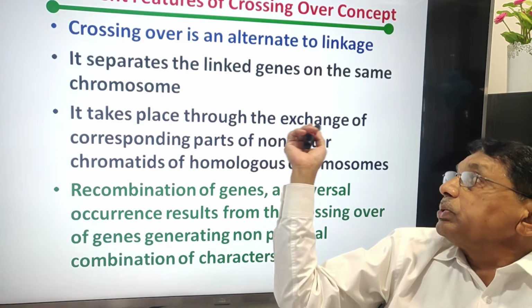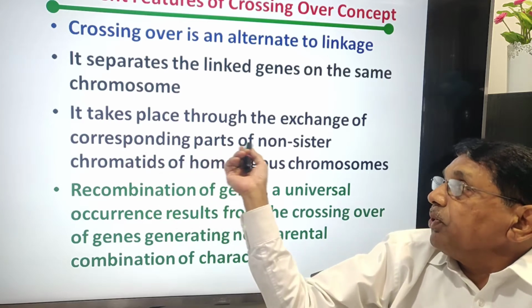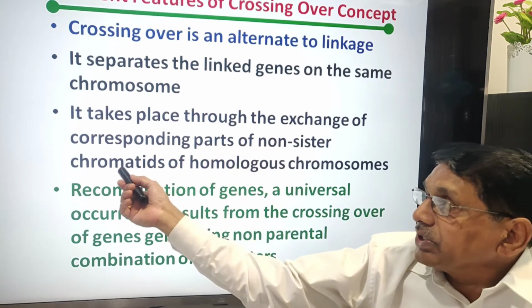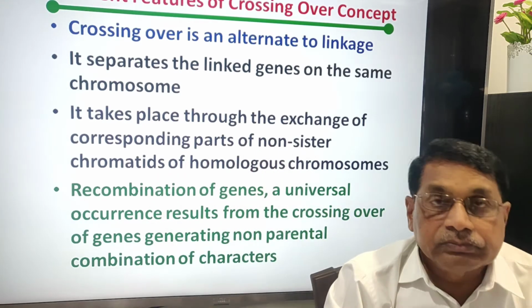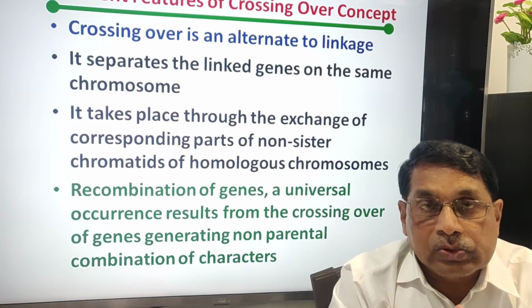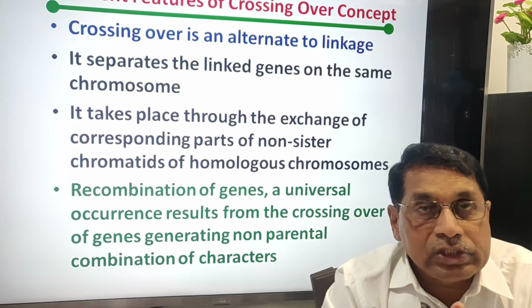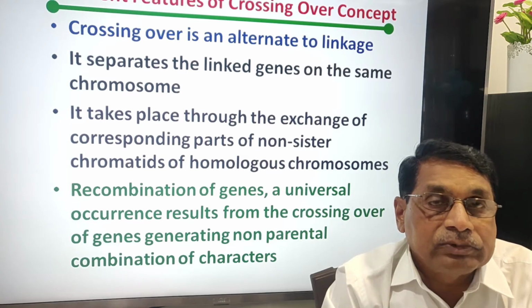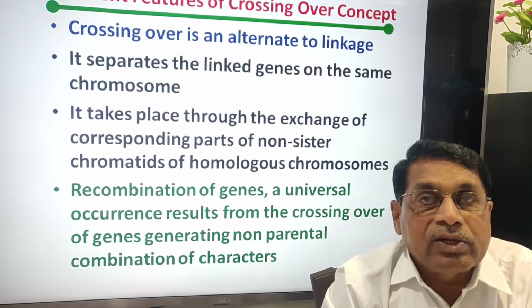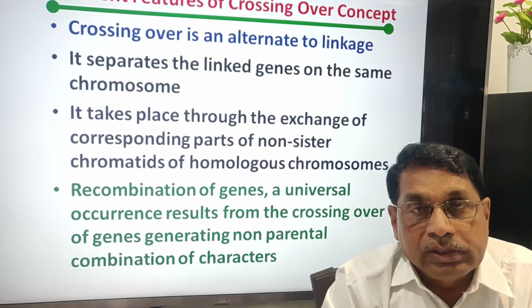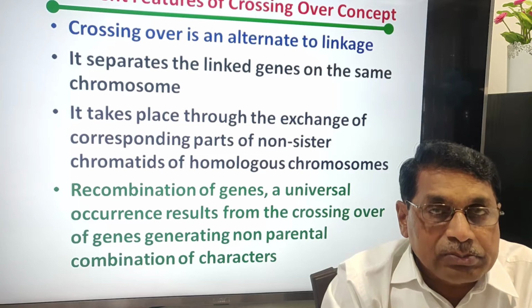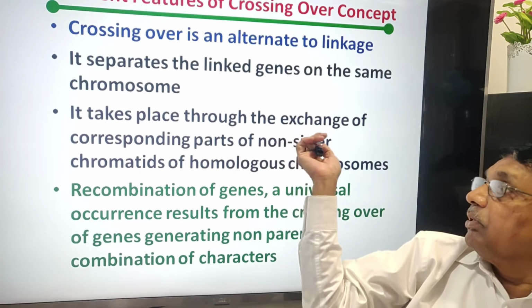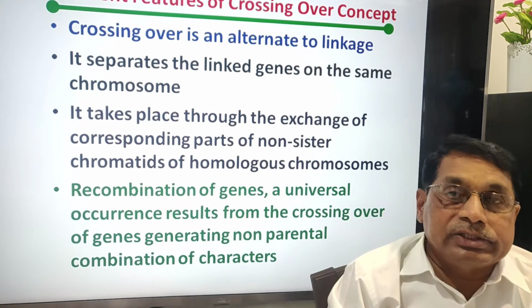It takes place through the exchange of corresponding parts of non-sister chromatids. This point you have to remember. Homologous chromosomes, two chromatids in each chromosome. During the synapsis, four chromatids. Exchange of chromatid pieces between non-sister chromatids of homologous chromosomes.